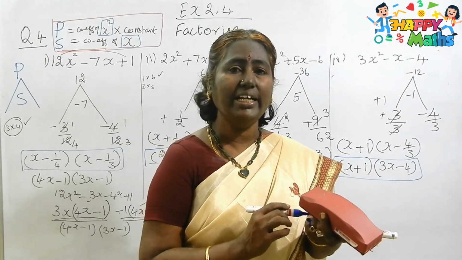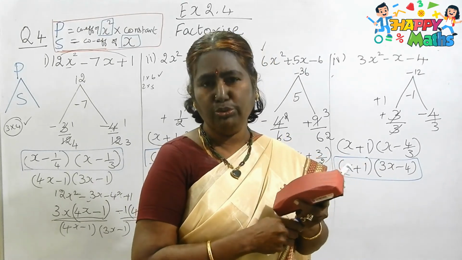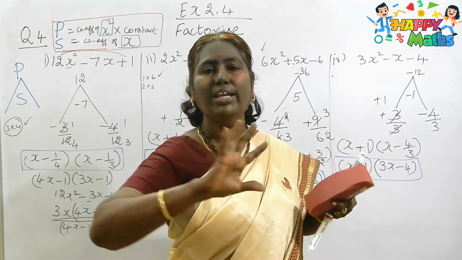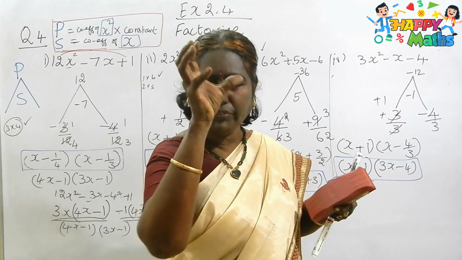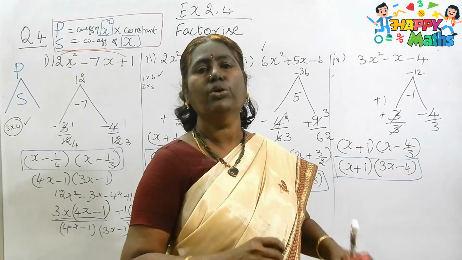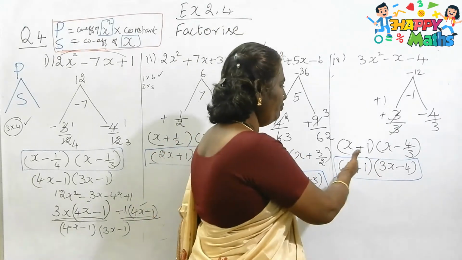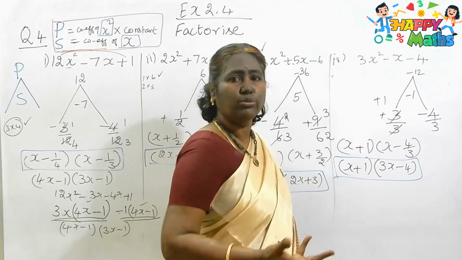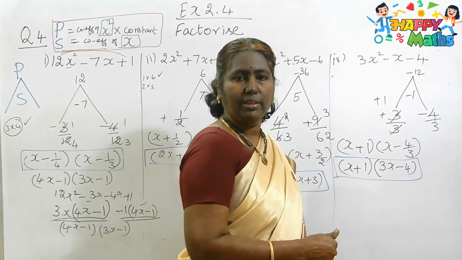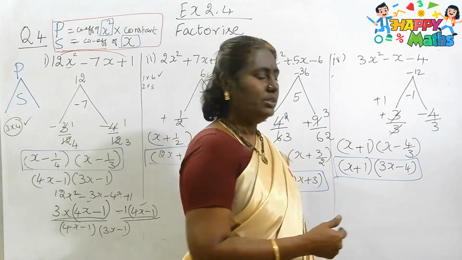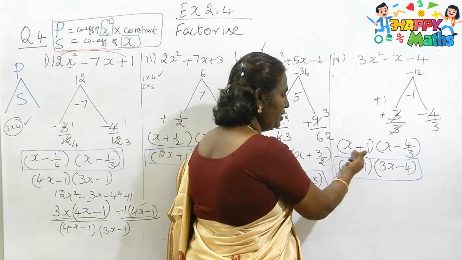Because in 10th standard, in exercise 2.2, we have to verify the zeros with the coefficients like that. So, there you have to factorize. You have to find the zeros. What is meant by zero? When you factor, only then can you get the zeros. See, the zero for this is minus 1. I have done it in the polynomial video. So, directly you can find the zeros of this factor.